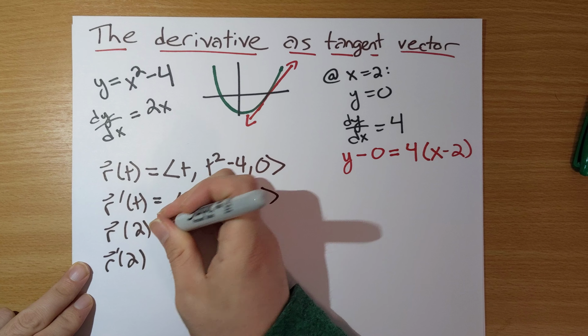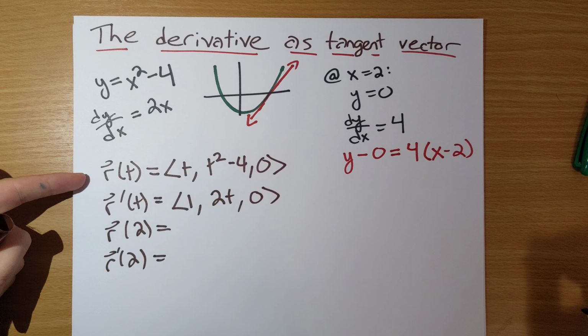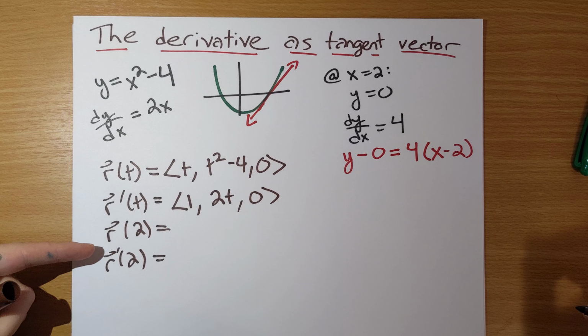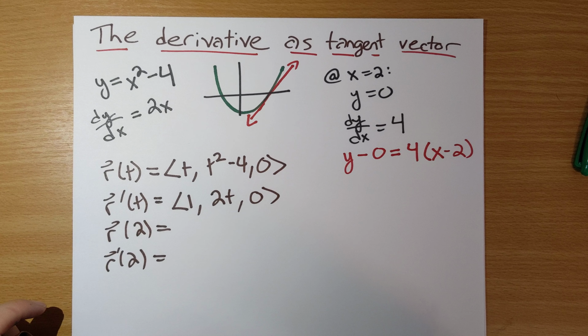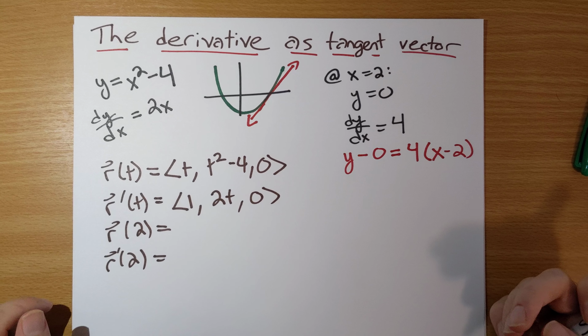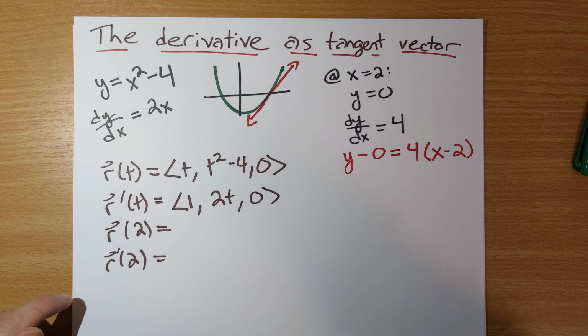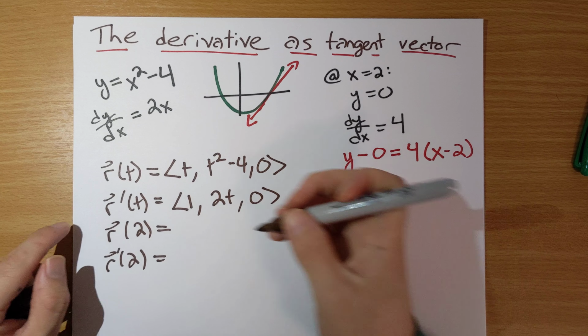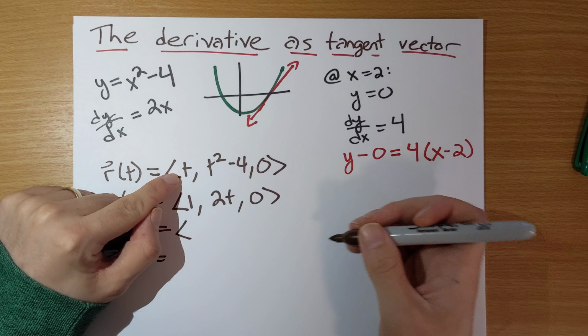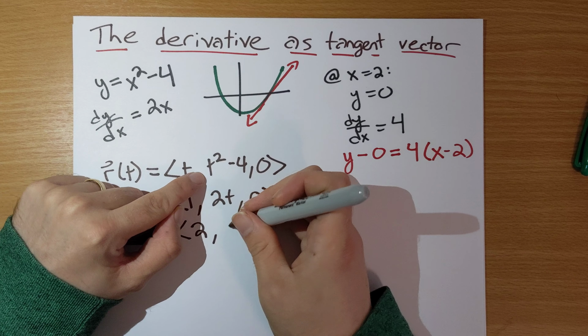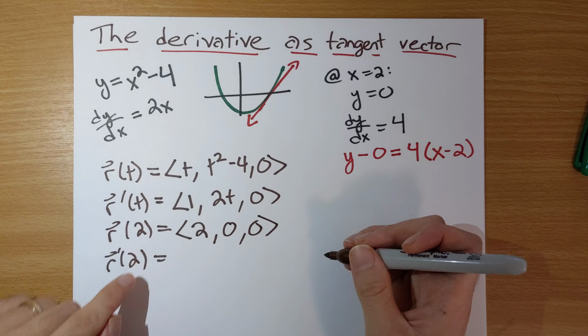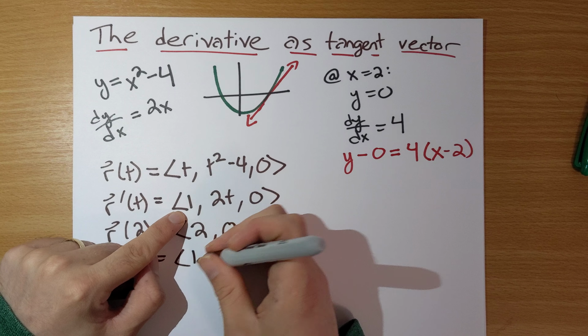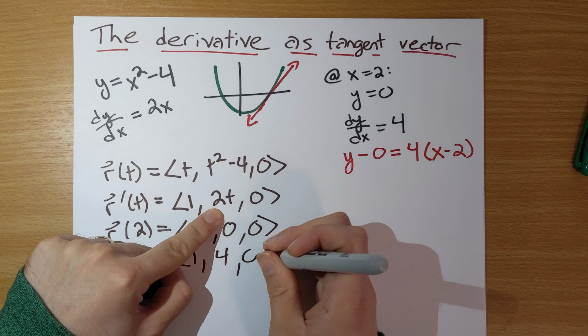And let's evaluate the original vector valued function and the derivative at t is equal to 2, for the same reasons we want this to match over here. So r of 2 is going to be 2, 0, 0. And r prime of 2 is going to be 1, 4, 0.